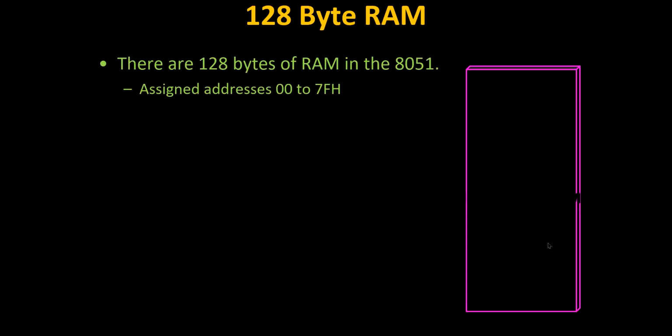The most important is the internal memory, that is 128 bytes of RAM as well as 4K of ROM. We'll see the structure of the RAM and the ROM.